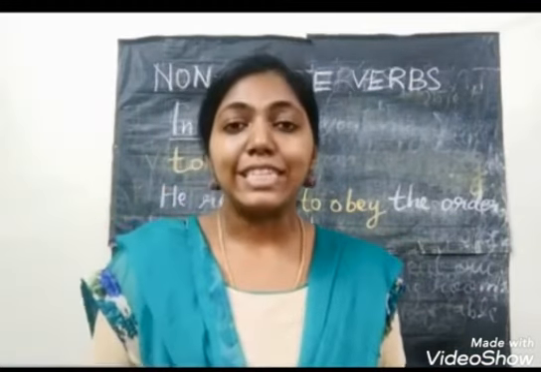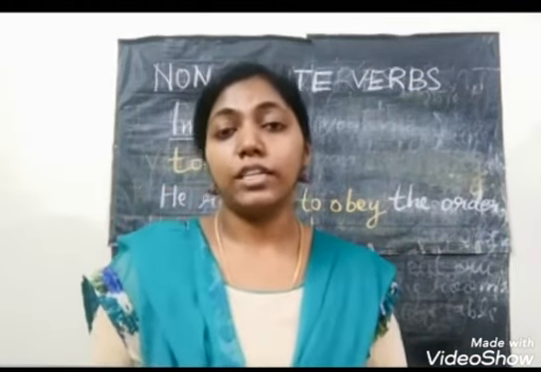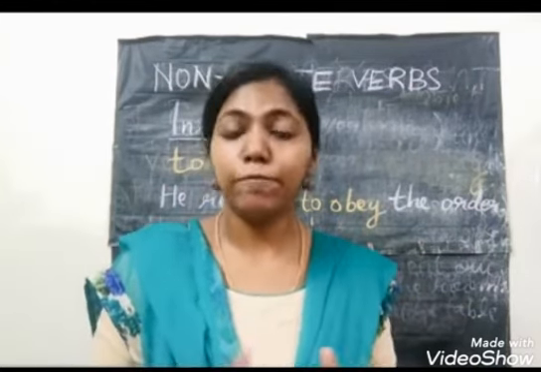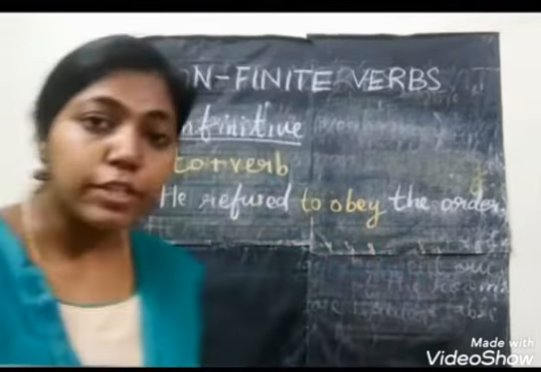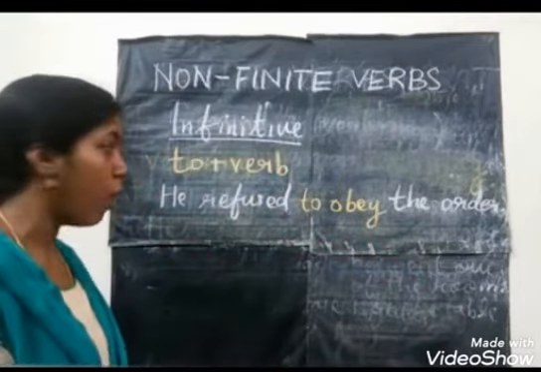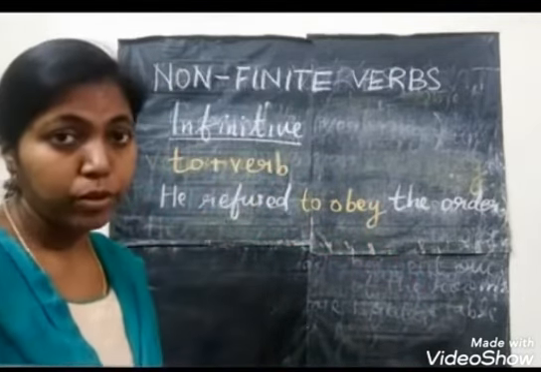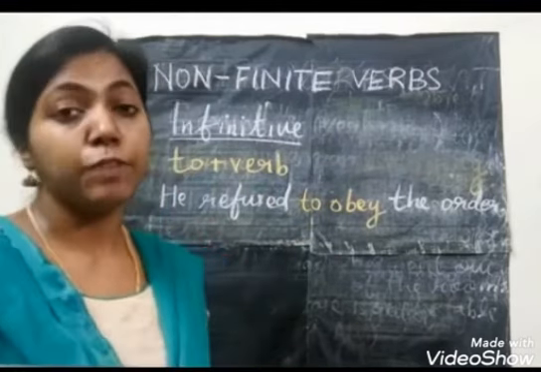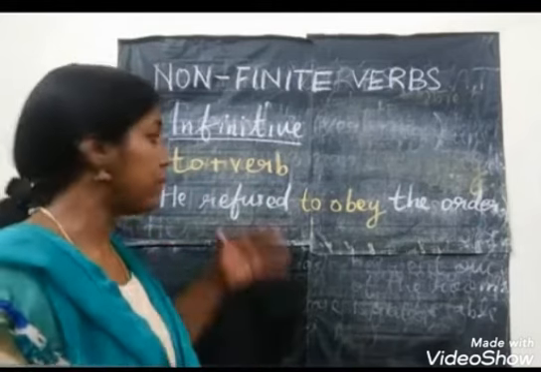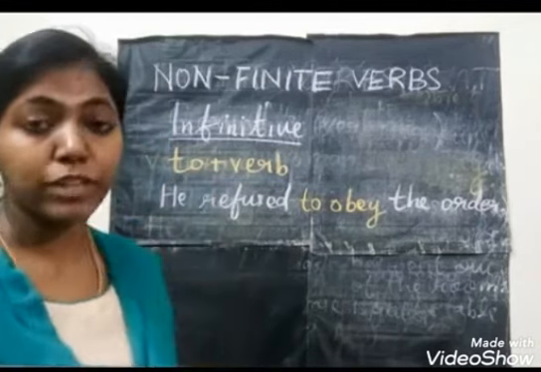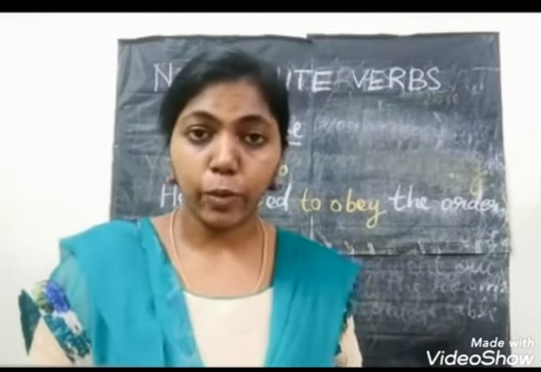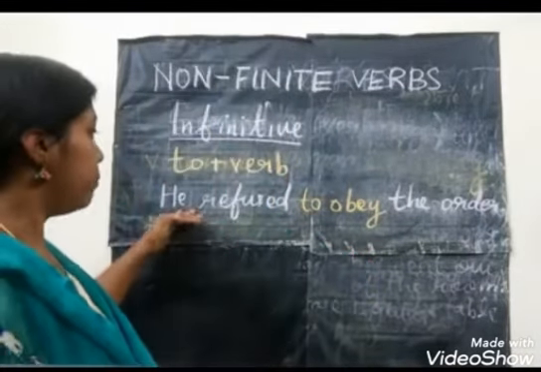Now let's discuss the third kind of non-finite verbs, that is infinitive. Infinitives always take the form of to plus verb. Okay, so it's very easy for you to identify an infinitive in a sentence as it takes the form of to plus verb. For example, to come, to go, to dance, to sing, like that. Now look at this example.